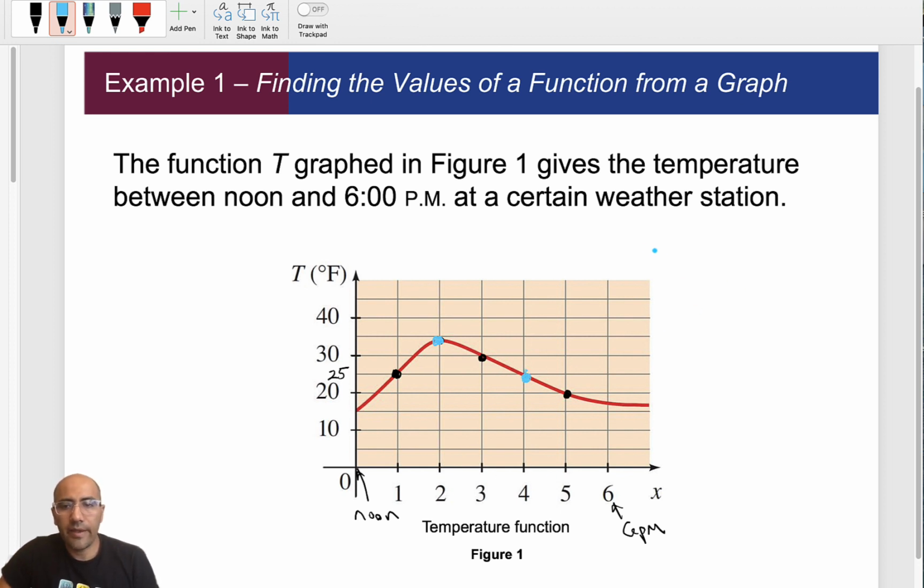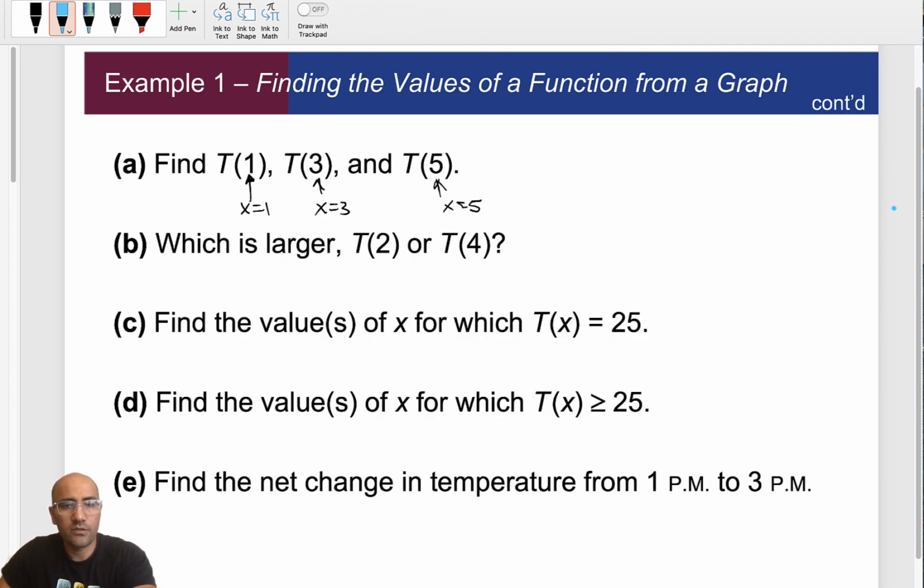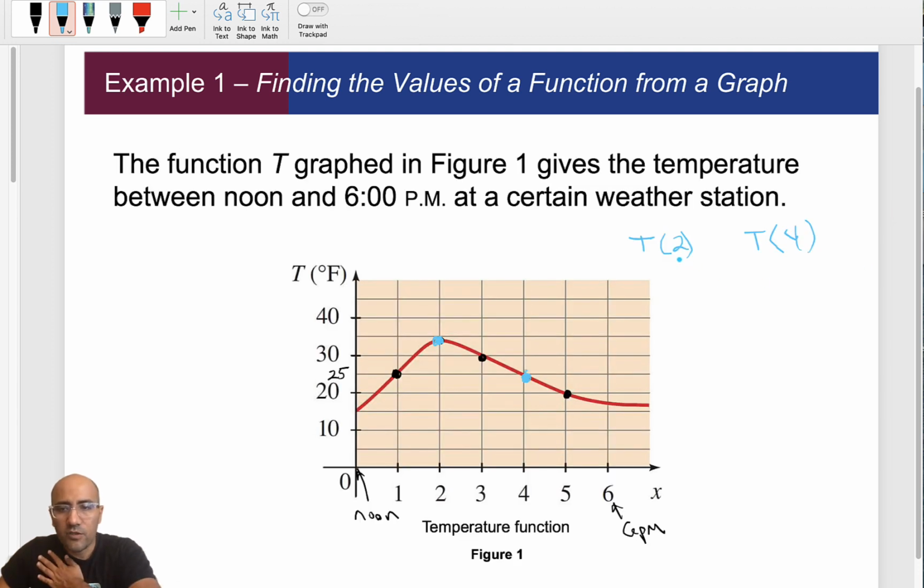Right, so we wanted to compare T of 2 and T of 4. Those were the instructions. People often confuse this. The input value is 2 for this one. The input value is 4. So of course, 4 is bigger than 2. But T of 2 represents the output. It represents this. So this height right here is T of 2, whatever it is.